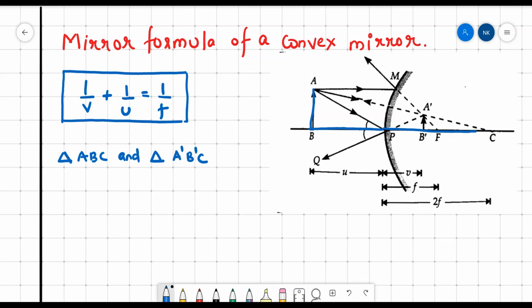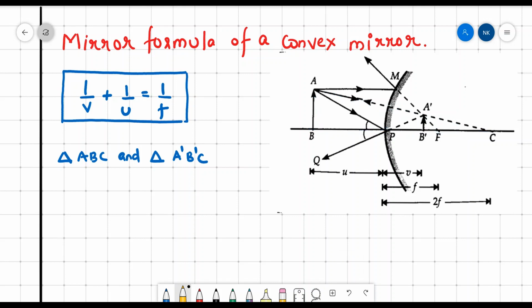This is the first set of triangles, ABC, and this is the second one. Both have a common angle, say theta. That is how I selected the two sets of triangles.